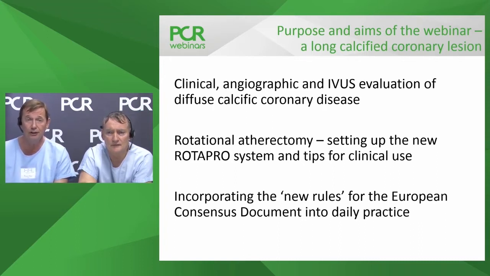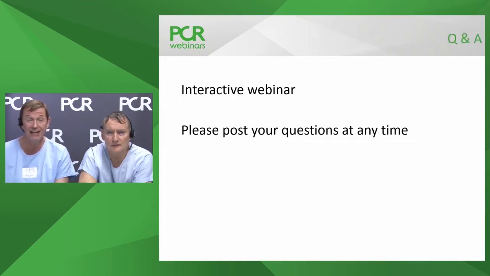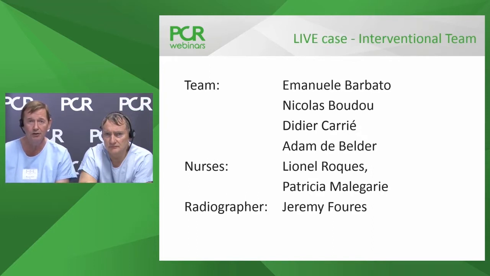Then using the case, we'll go through the new rules from the European consensus document, ticking them off as we go along. This is an interactive webinar, and I hope you'll be able to ask your questions at any time, which will flash up in front of us. As they come through, we'll try and answer them in a timely way, relevant to the timing of what's going on in the case.